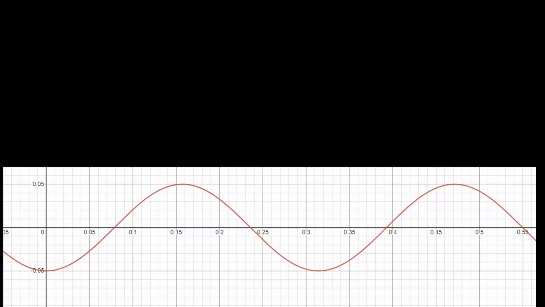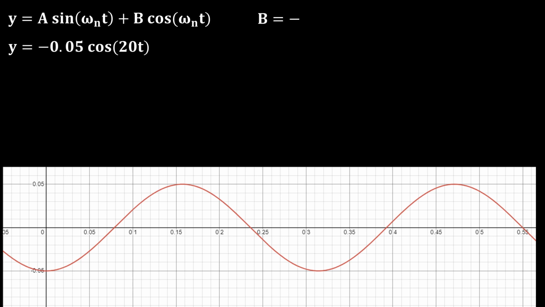That is the function that will represent its position while it is vibrating. So this is the sketch, or the graph, that represents the position function that we have in here. So here we said b is minus 0.05, right? That's how much. So remember, 0 is your equilibrium.